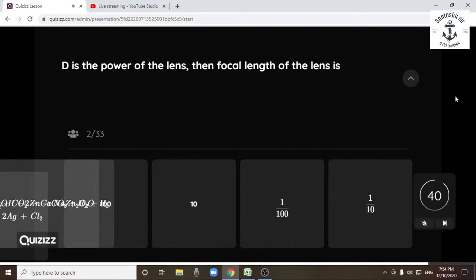If P is the power of the lens, then the focal length of the lens is... 10 seconds more.